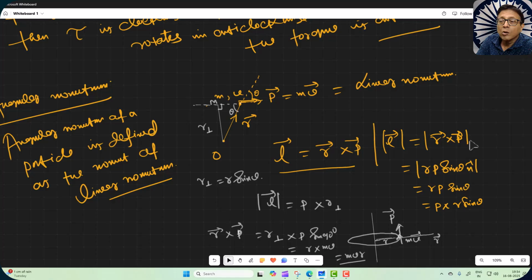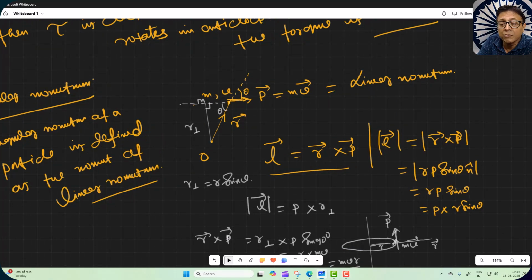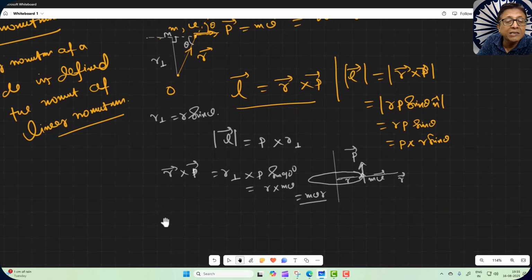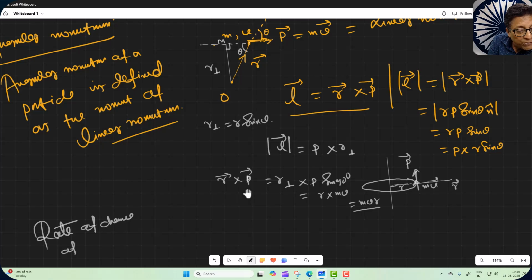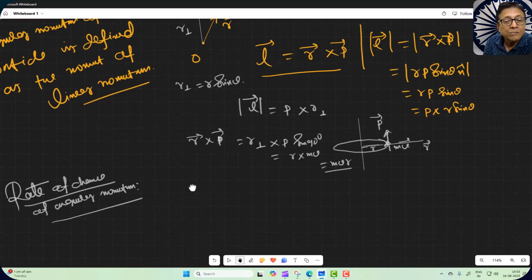Now, on this R cross P, if you find the rate of change of angular momentum, we will reach a very interesting result. All these quantities are connected. How? We discuss here. Rate of change of angular momentum. What is that?